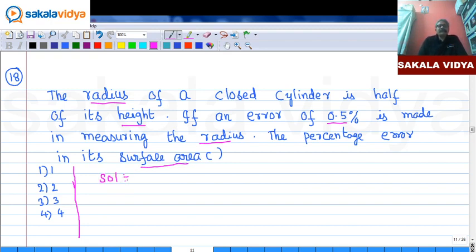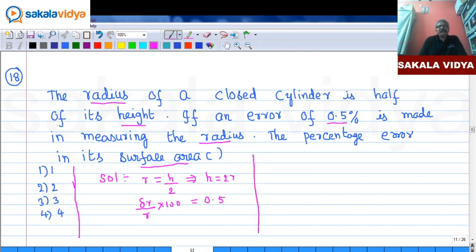Radius of a closed cylinder is half of its height, r is equal to h by 2. So, h is equal to 2r, and delta r by r into 100 is given, that is equal to 0.5.